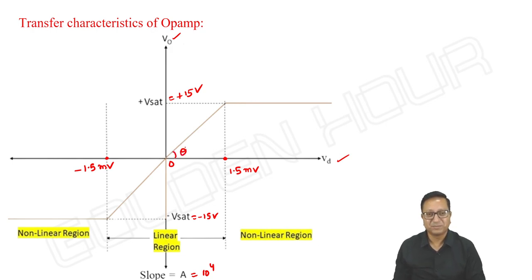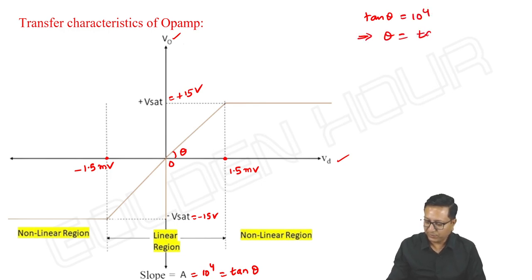A is tan theta, as we are well aware. Tan theta is equal to 10 power 4, which implies theta is equal to tan inverse 10 power 4. Its value is found to be 89.99 degrees, almost 90 degrees.